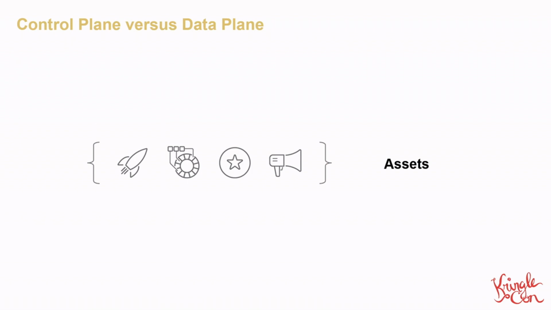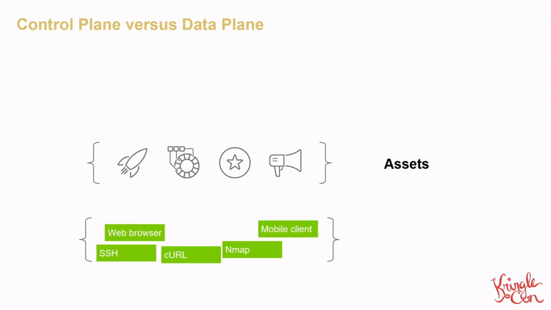Okay, so first, control plane versus data plane. We have assets. They are rocket ships and I guess maybe a Viewmaster wheel and the Pixar ball. We have things that we want to get to, and we're normally used to interacting with these things over the data plane. We use TCP/IP and UDP and ping and traceroute.